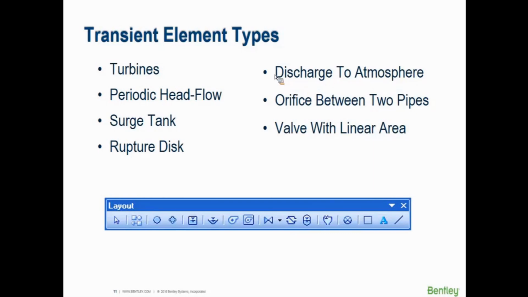These are all elements that you can draw in WaterCAD and WaterGEMS. However, to actually run some of these elements as a transient analysis, you would use the product Hammer, the sister to WaterCAD and WaterGEMS that gives you transient analysis for your system.